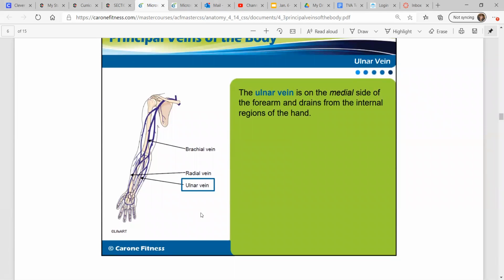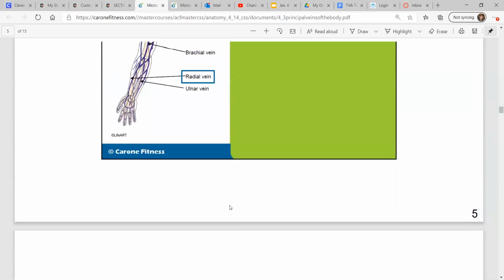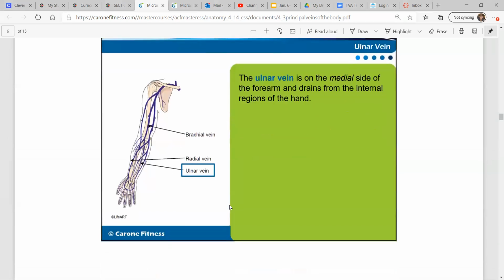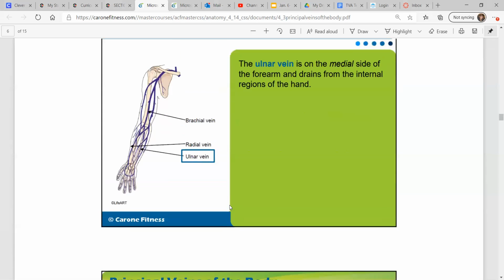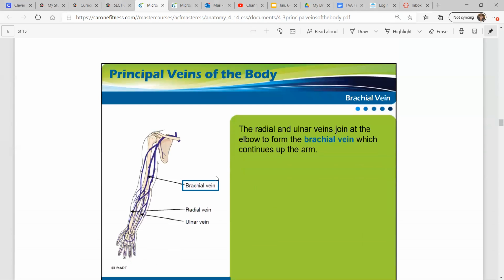Then we have the ulnar vein that is on the medial side of the forearm and drains from the internal regions of the hand. So on the inside, the radial vein drains, and then the ulnar vein drains as well.